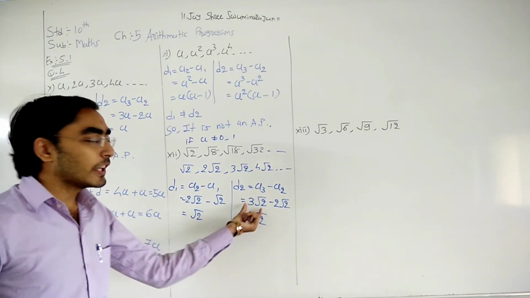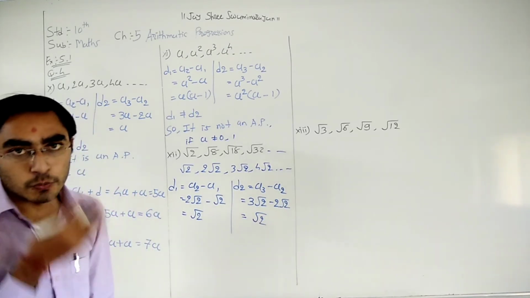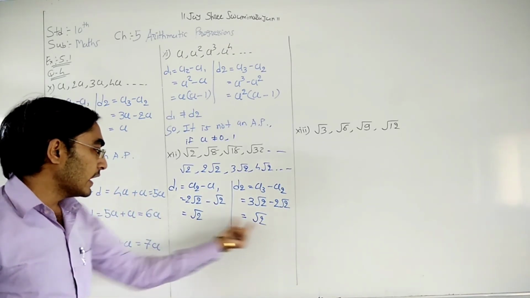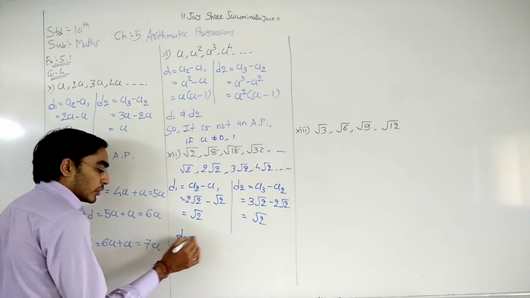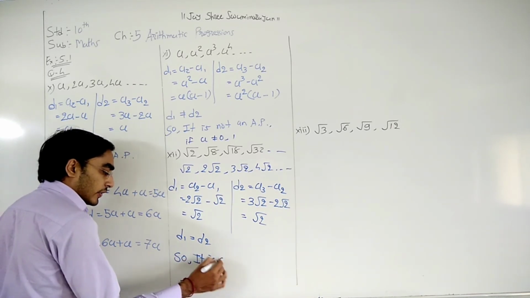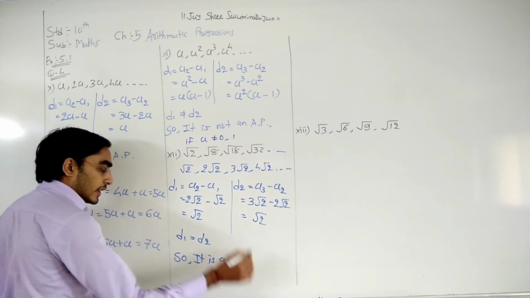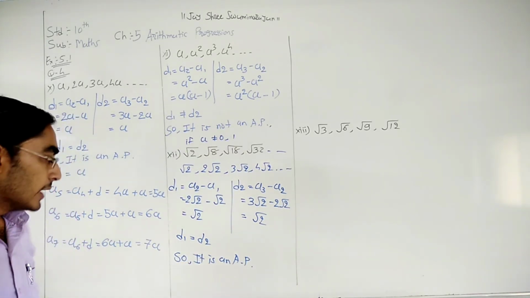It's like 3x minus 2x equals x, where x is under root 2. So here D1 and D2 are both the same, so it is an AP.